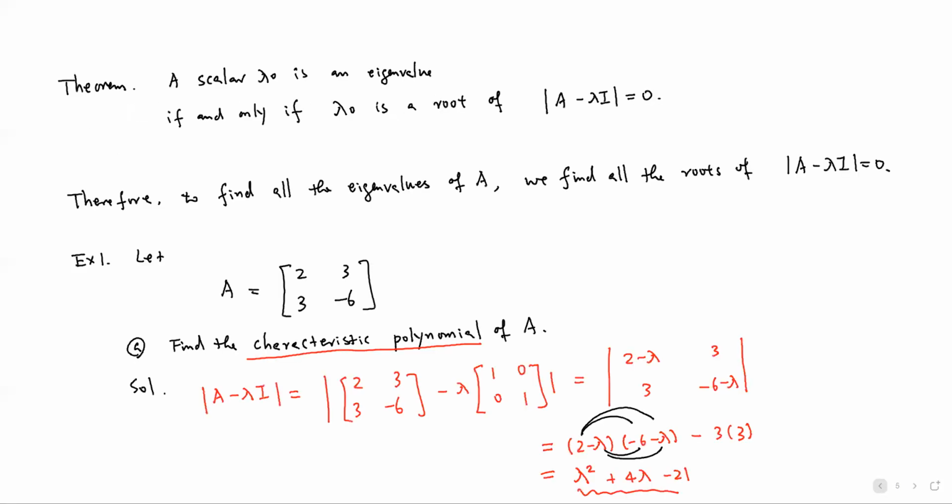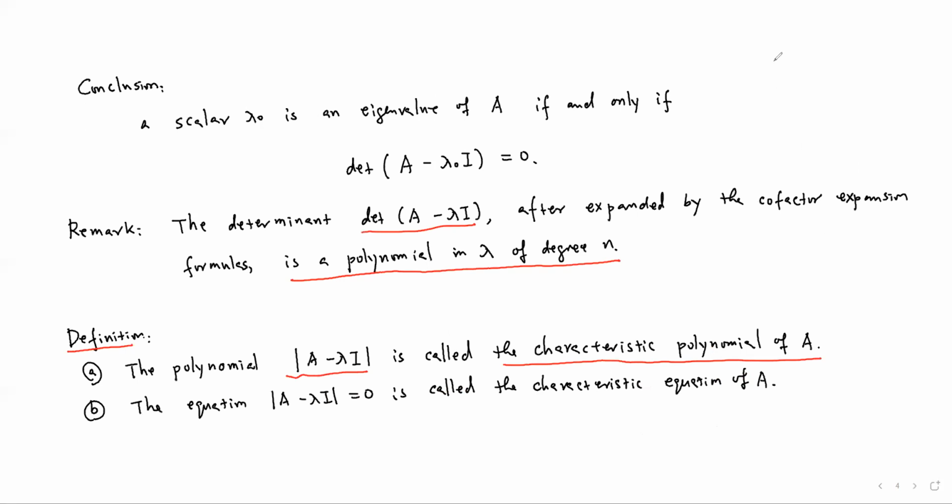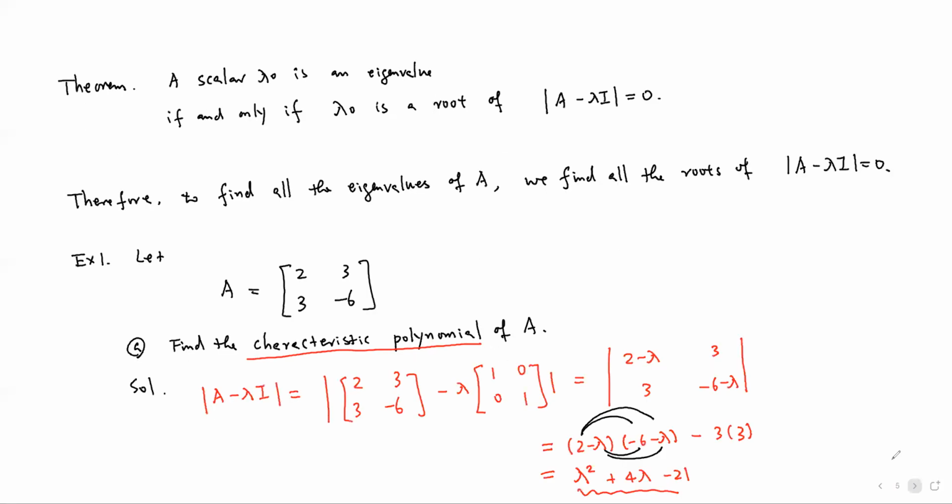Now go back to the definition. Let me see. Characteristic polynomial, set it to 0. This equation is the characteristic equation.